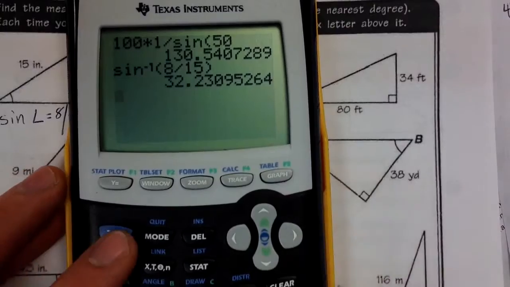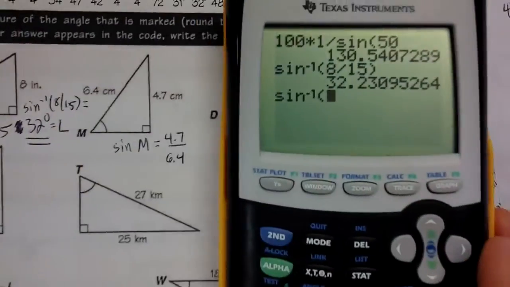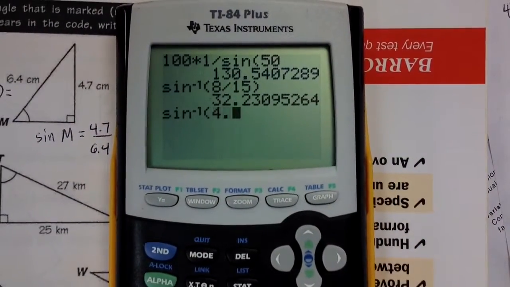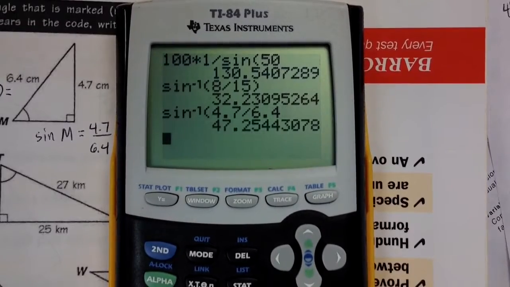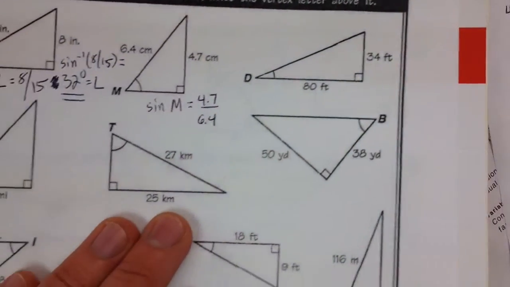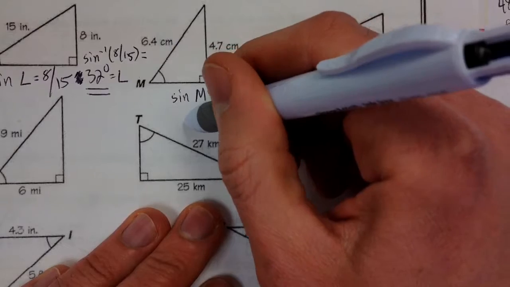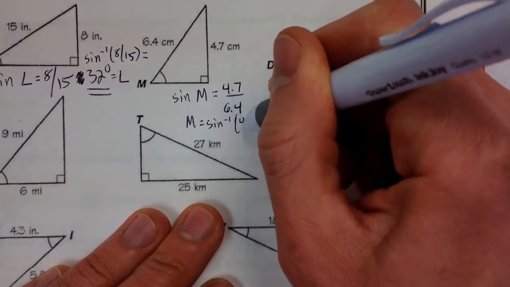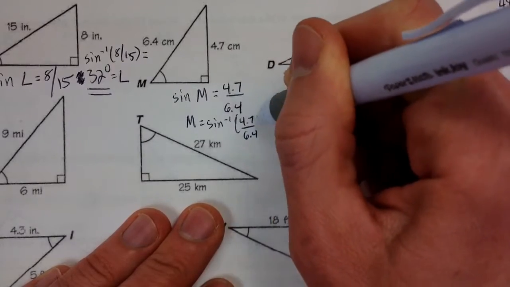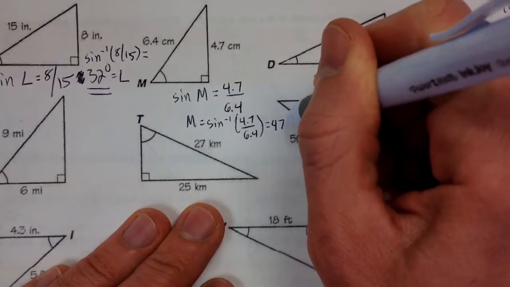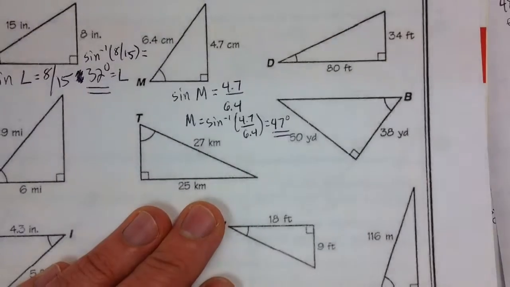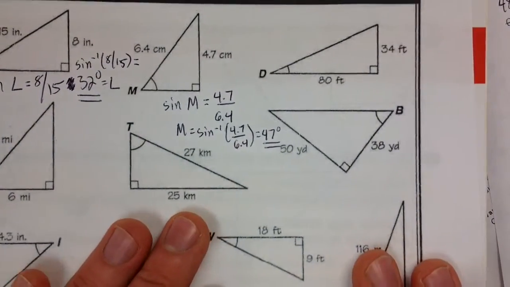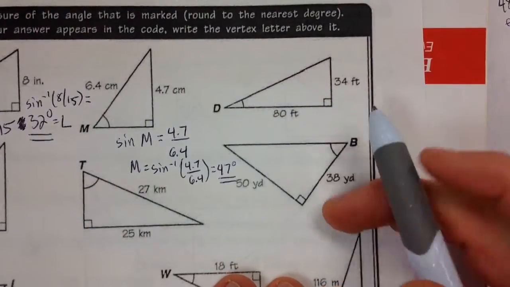Okay, so inverse sine of 4.7 over 6.4. Good. 47 degrees. Good.